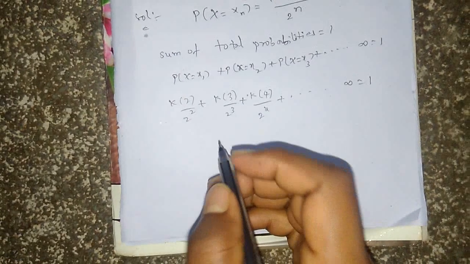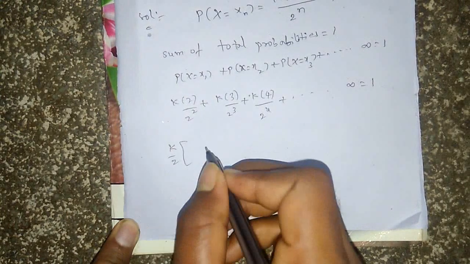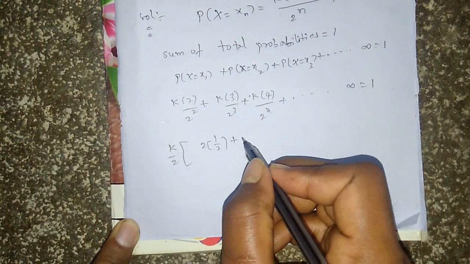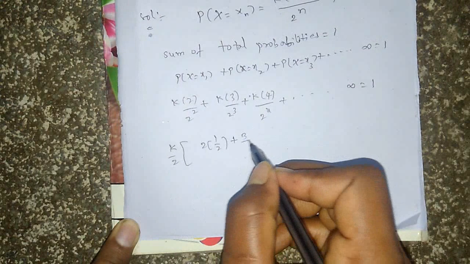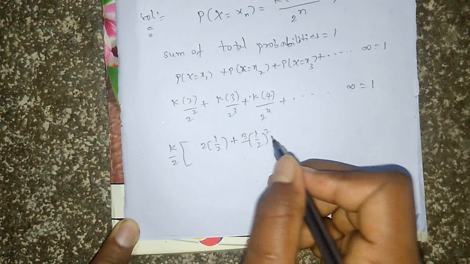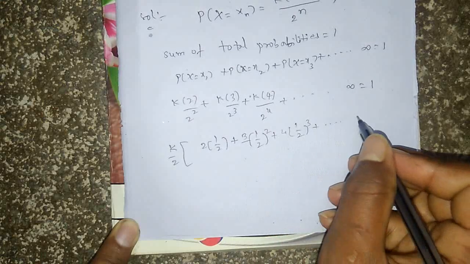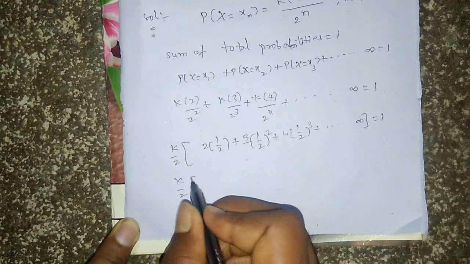So here we can take k by 2 common. This is 2 into 1 by 2 plus 3 into 1 by 2 square plus 4 into 1 by 2 cube and so on up to infinity, that is equal to 1. K by 2.